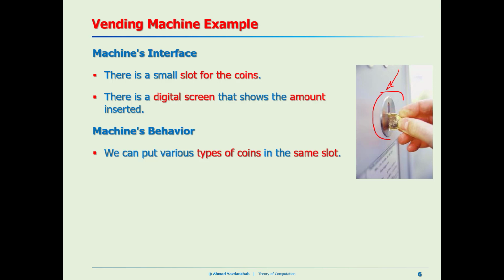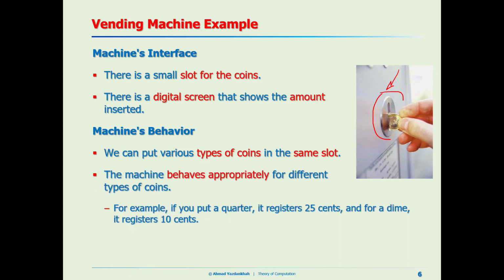For example, when you insert, let's say, a quarter, it registers 25 cents. And if you insert a dime, it registers 10 cents. So the machine behaves differently based on the type of the coin you had. Let me summarize what we got so far.